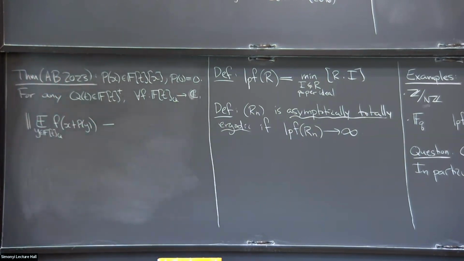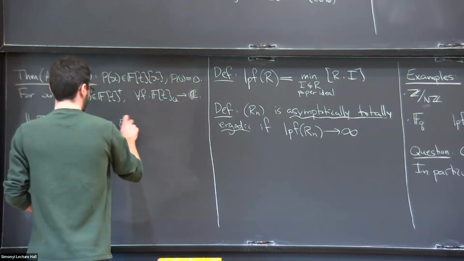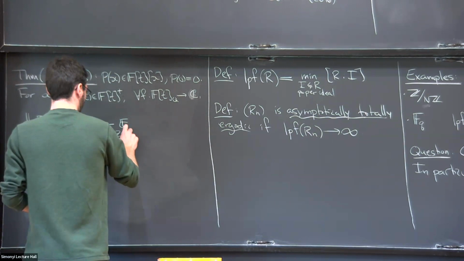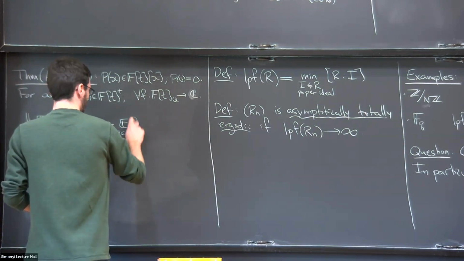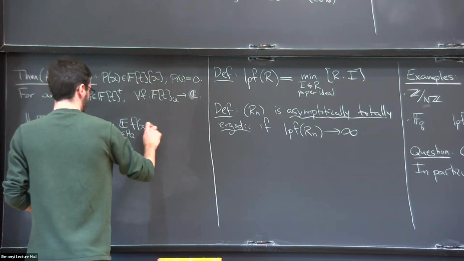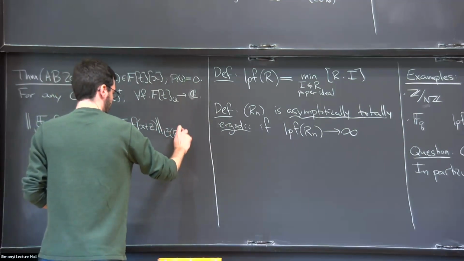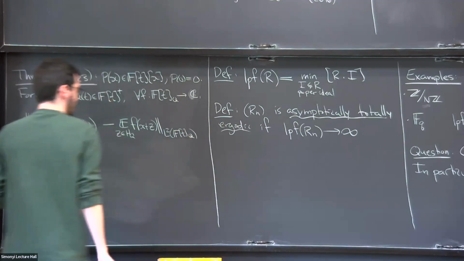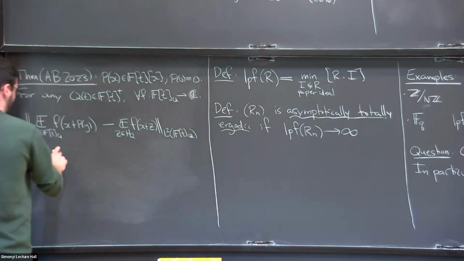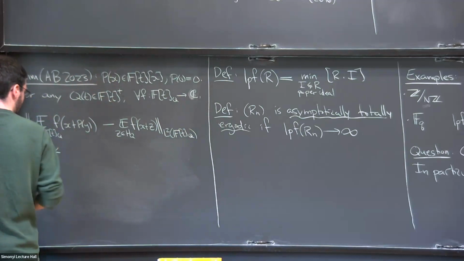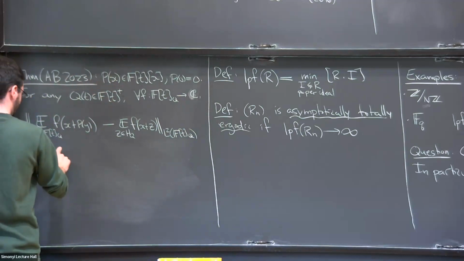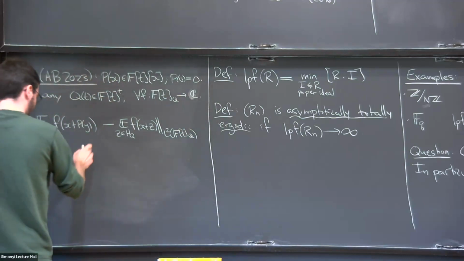And ideally, this should be converging to a projection of the function to some space of invariant functions. And so that's something right here. And this should be happening in the L2 norm. Okay, so what we get is that this is bounded by, let's see, I'll put the constant terms.